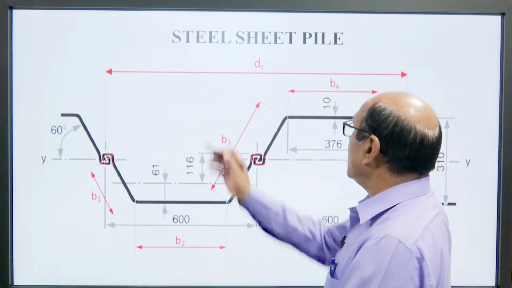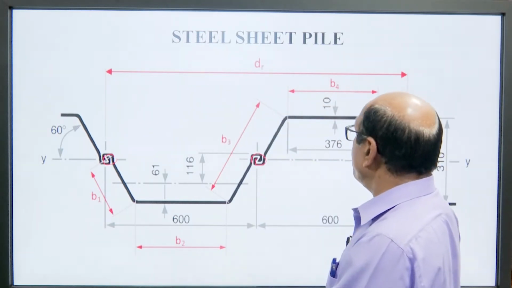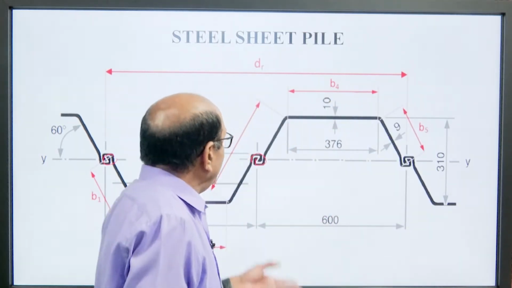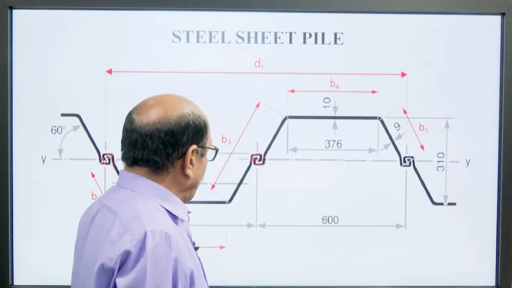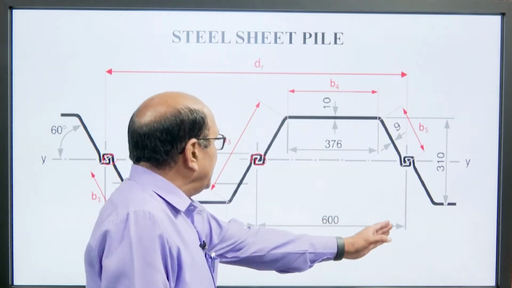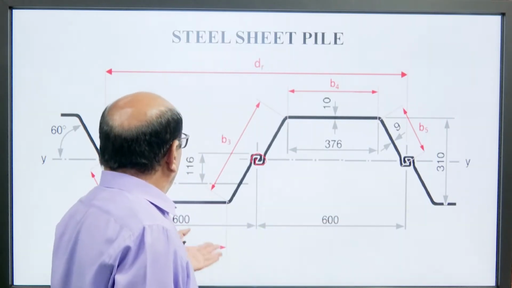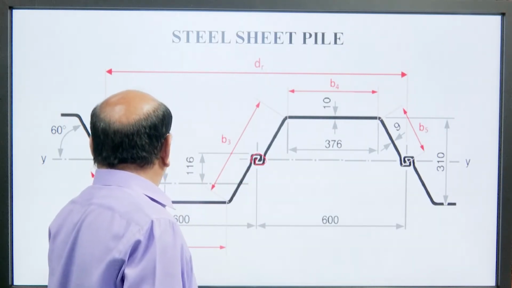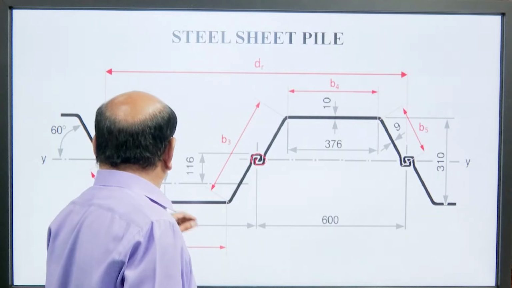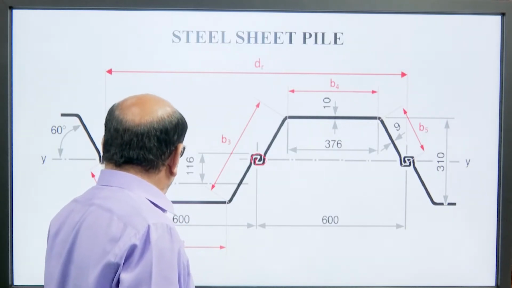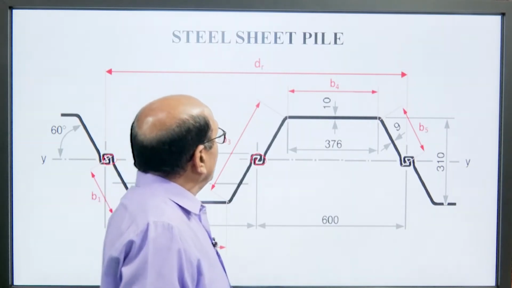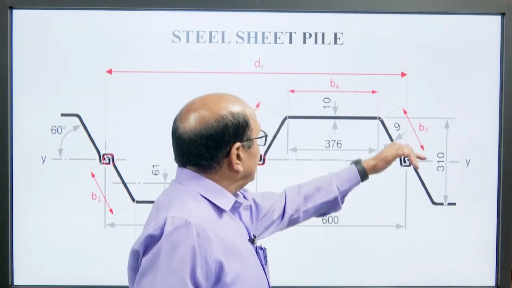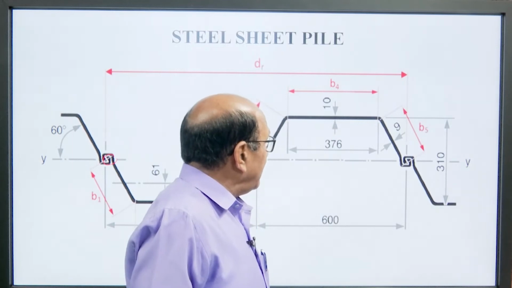So, we can see here this is the specification: 376 mm, 600 mm from here to here, this has 116 mm, this has 61 mm, 600 mm, this is B2, this is B4, B5, this is 9 mm, 310.